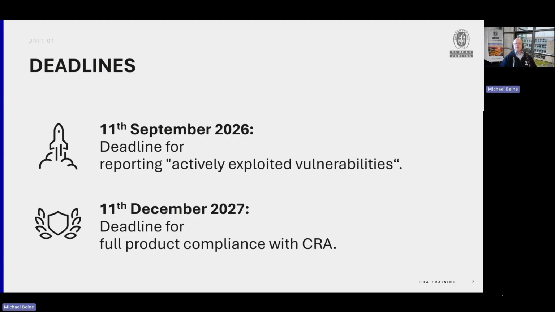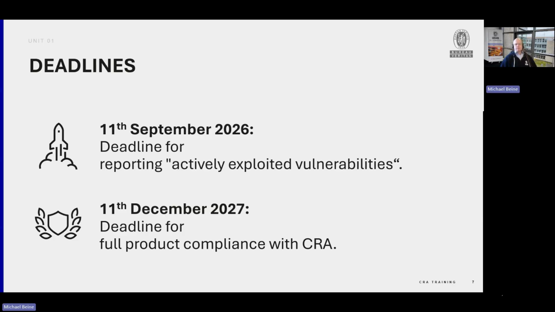In order to understand what is an actively exploited vulnerability, you should think about a cyber incident. That means you get information as a manufacturer that there is an active attack going on through your products, through the products that you supply.